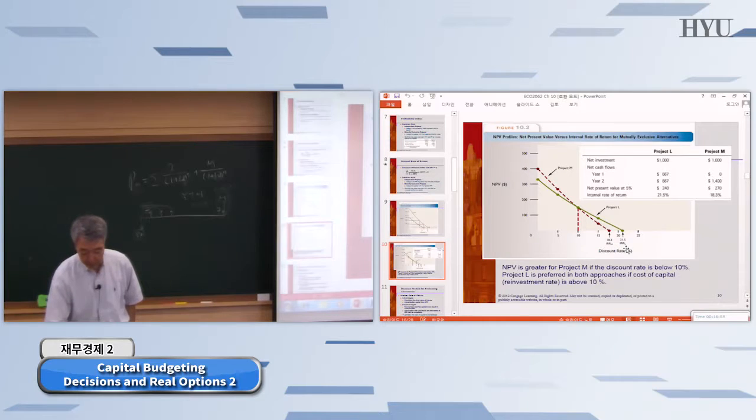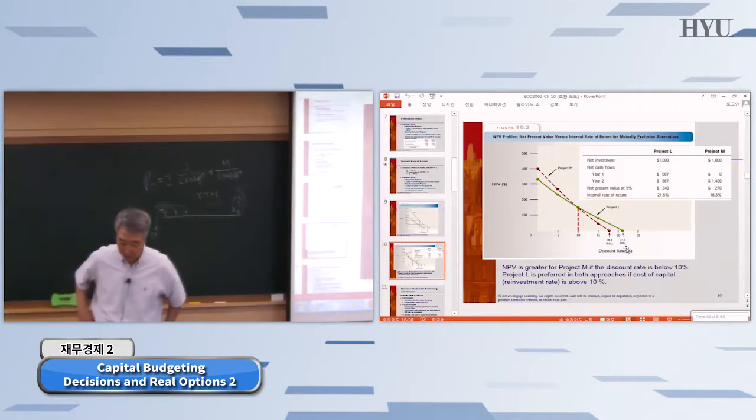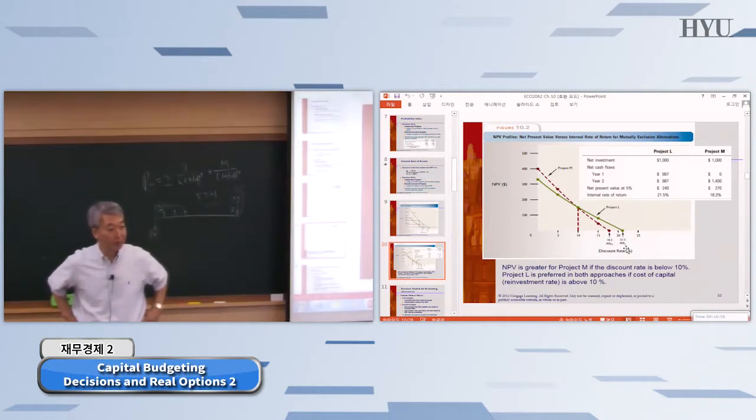Well, above 10%, below 18.3%, right? If the cost of capital happens to be 20%, what's the story? Which one? Only L, right?